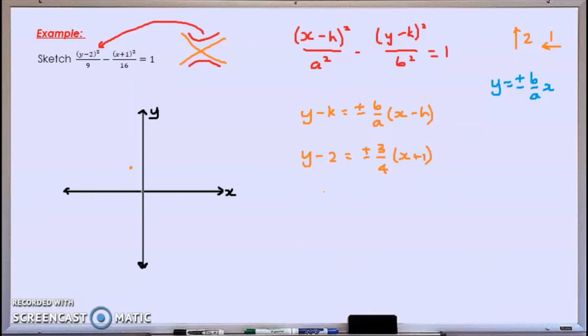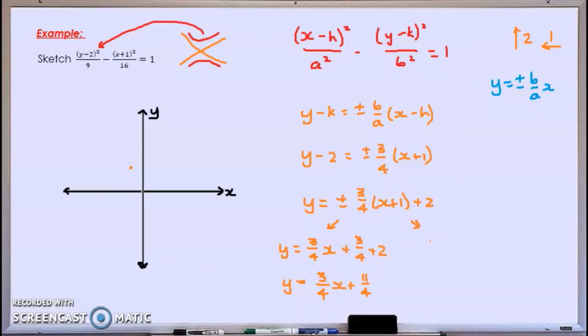Now we have to use algebra to find the equations of our asymptotes. So we're going to add 2 to both sides, and then we're going to split this to deal with the positive and the negative. One of our asymptotes is going to have the equation y equals 3/4 x plus 3/4 plus 2, which gives us y equals 3/4 x plus 11/4.